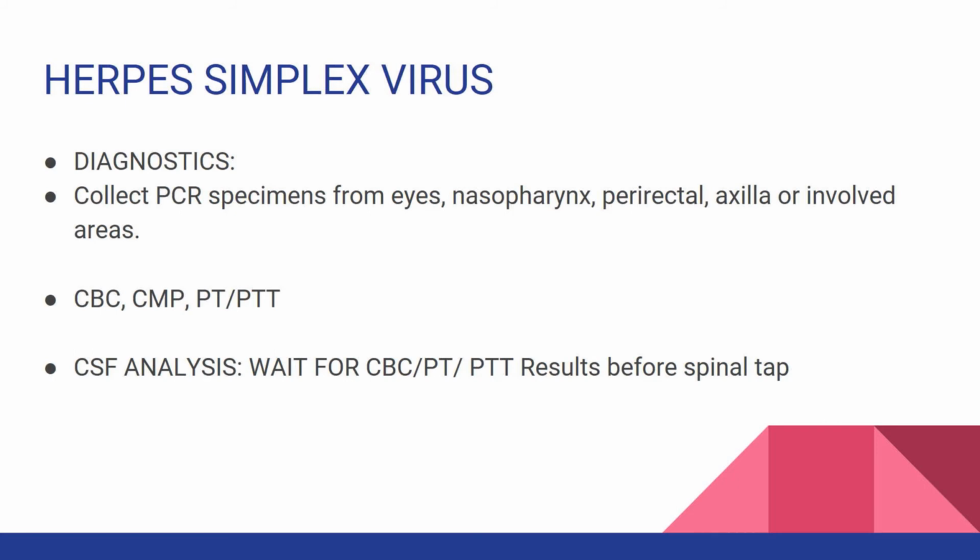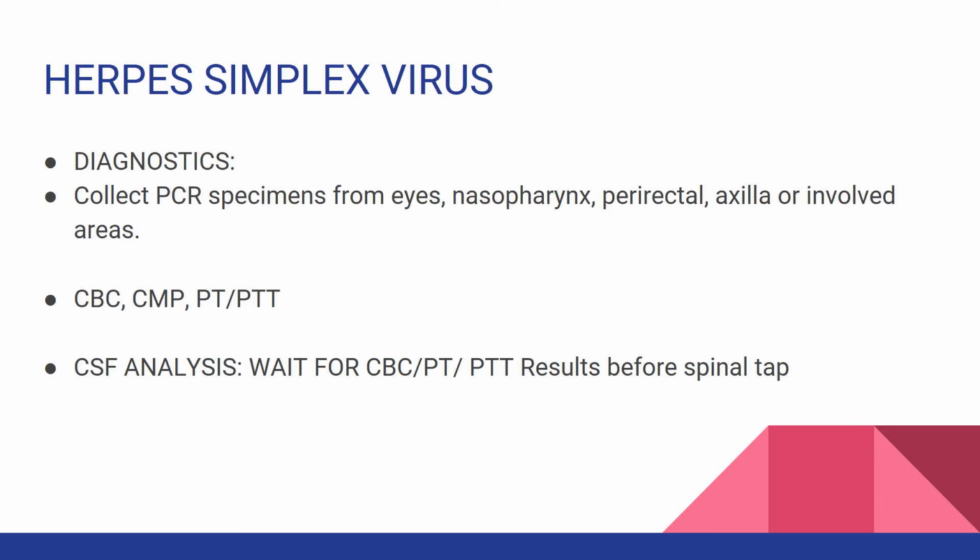Now, you might argue about starting IV acyclovir. You might think that doing CSF studies later on might affect your PCR result in the CSF. Actually, even in patients who had been treated with acyclovir for 1 week, when you do CSF PCR, the chance of a positive result is still up to 98%.